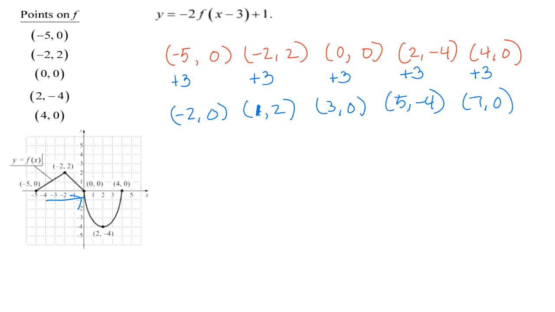So I added 3 to all my x coordinates because that's the only way that I can move it to the left or right. And since this is a negative, I always move it positive. So it goes to the right.